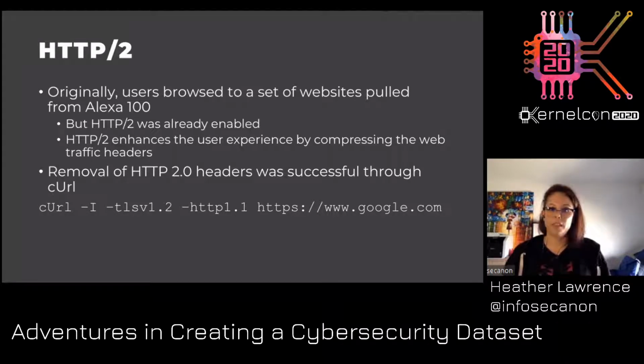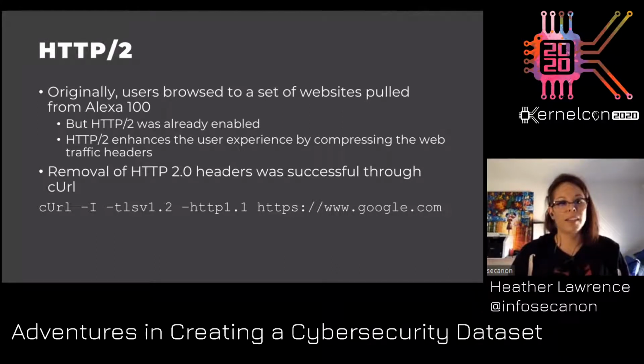It enhances the user experience because it compresses the traffic headers, so they reach the website faster and enjoy its content. Unfortunately, you cannot read HTTP2 headers in plain text. So we had to ask the server, please, could you not use HTTP2, and use HTTP 1.1? You could do that through curl.